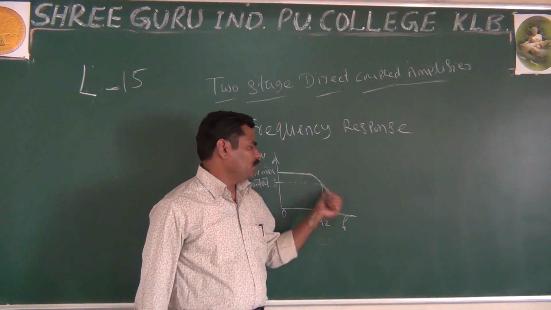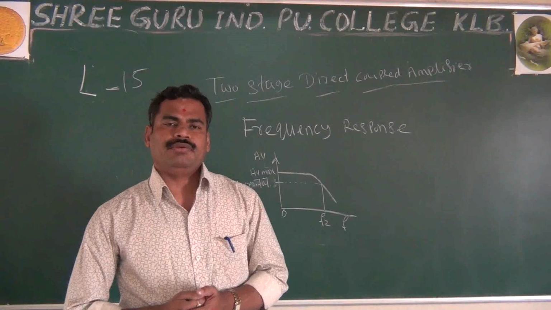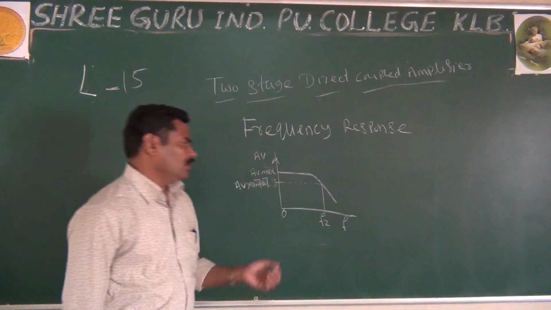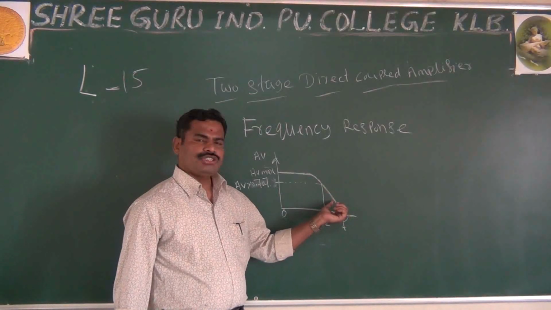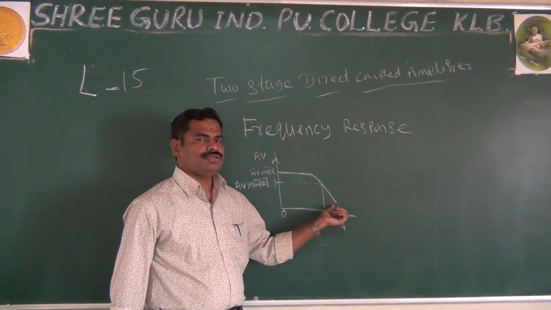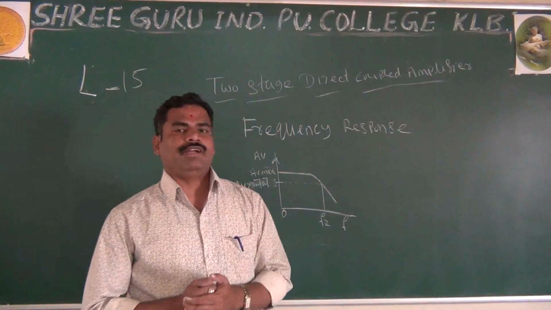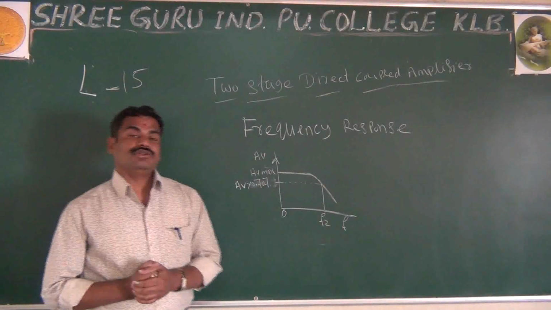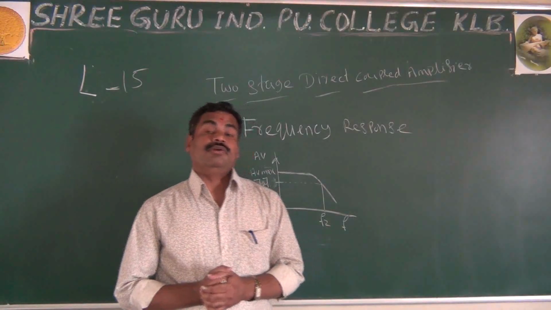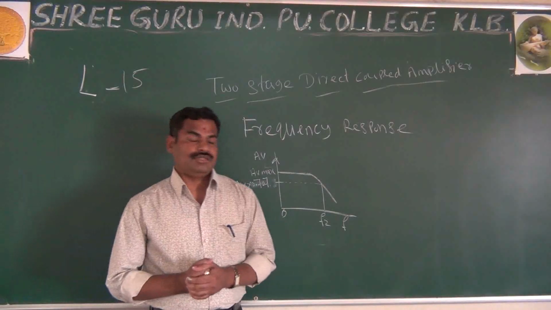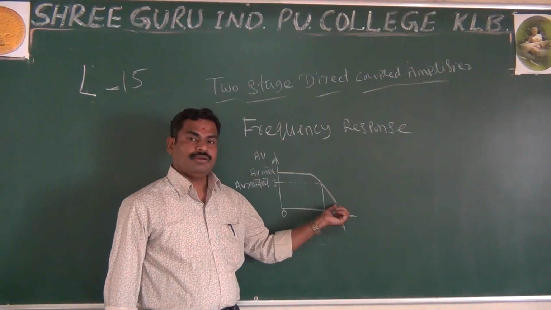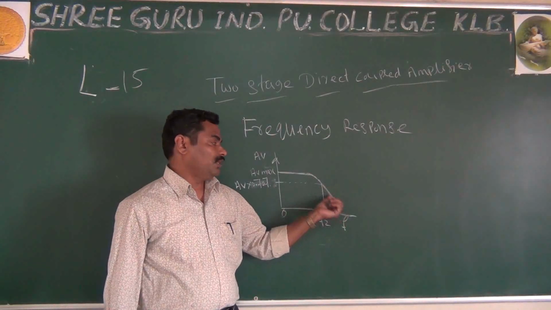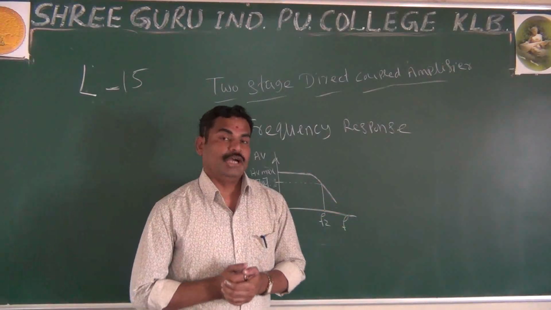And you may ask the question, why does the high frequency gain reduce? That is very simple. In high frequency, you have the effect of the transient capacitance and also the effect of your wiring. They have very low reactance. That's why the gain reduces.